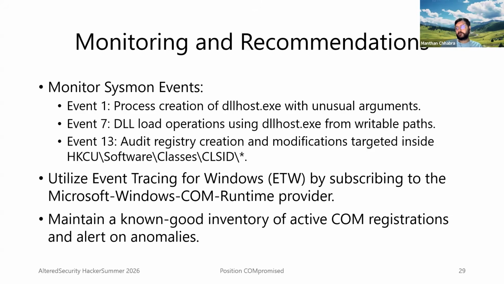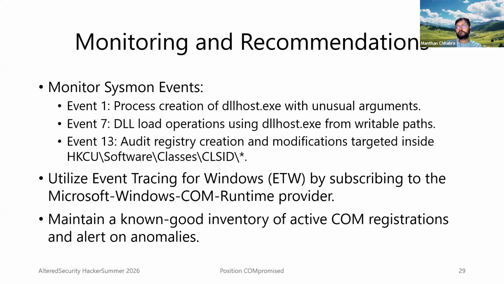Well, you can look out for process creation events, which are event ID 1. We have mentioned process creation from dllhost, but of course not just dllhost, also rundll32 and svchost, with any unusual arguments. Also, look out for any DLL load operations, which are your image load operations in Sysmon through event ID 7.